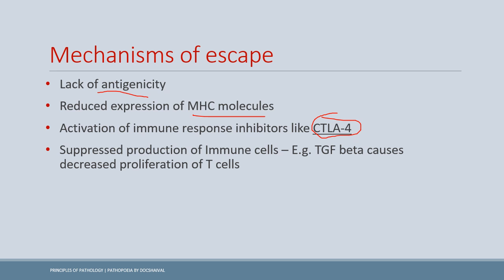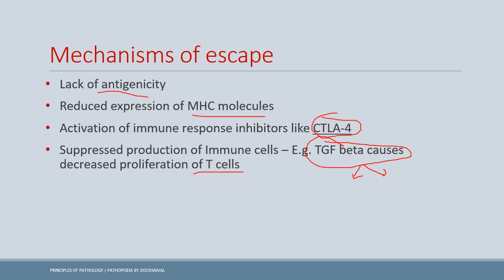The fourth mechanism is the suppressed production of the immune cells. Now, this is high yield to know: I've already mentioned that TGF beta causes anti-proliferative activity. But whose anti-proliferative activity? Whether it is the tumor cell or the T cell. If TGF beta causes anti-proliferation of T cells, then it is decreasing the host defense systems, and therefore increasing the chance of tumor formation.